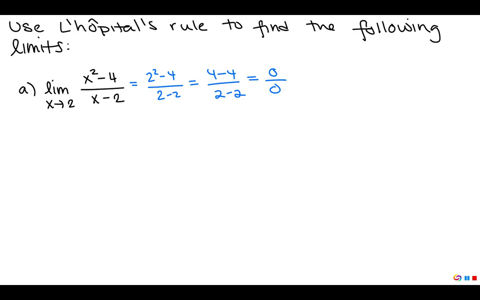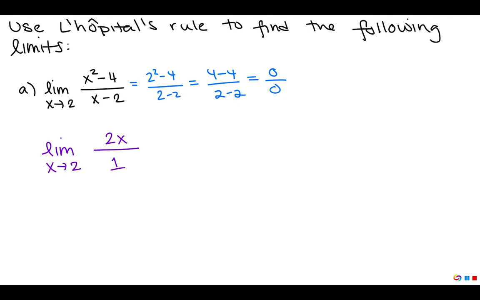If I plug the 2 in for x, I get 2 squared minus 4, so 0 on the top, and then 2 minus 2, so 0 on the bottom. This is indeterminate. That means I can use L'Hopital's rule. L'Hopital's rule says take the derivative of the top and the bottom separately.